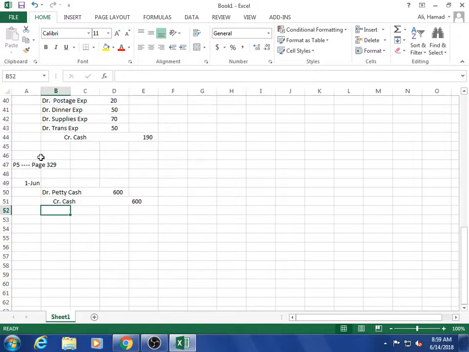All right, what happened on B? On June 30th, the petty cash fund had cash, like the box. Let's say you put the $600 in the box on June 1st, and at the end of June, the box has in it the following receipts, or vouchers. They have cash $92.76.